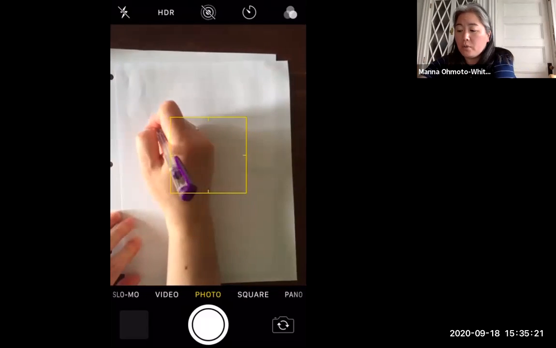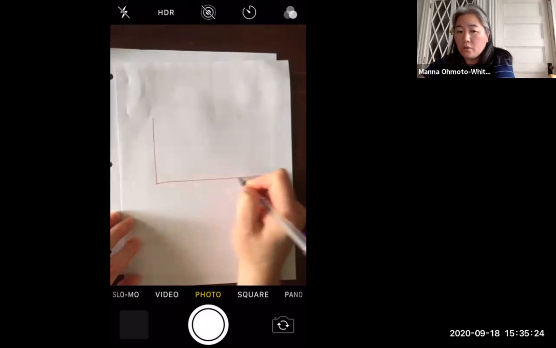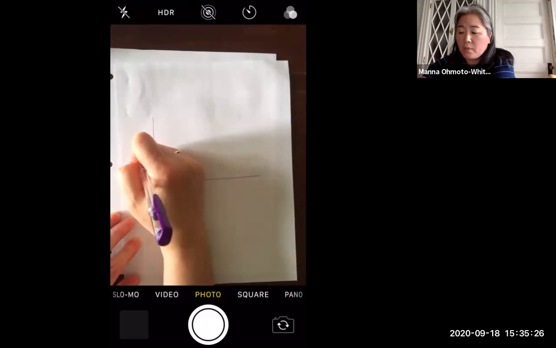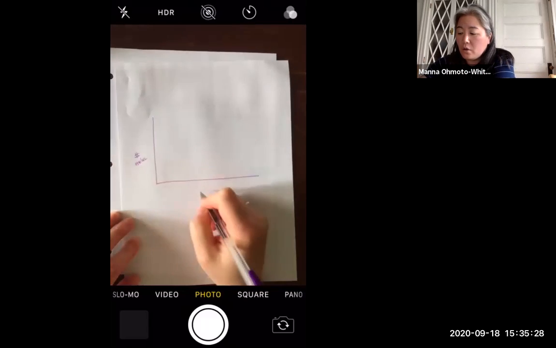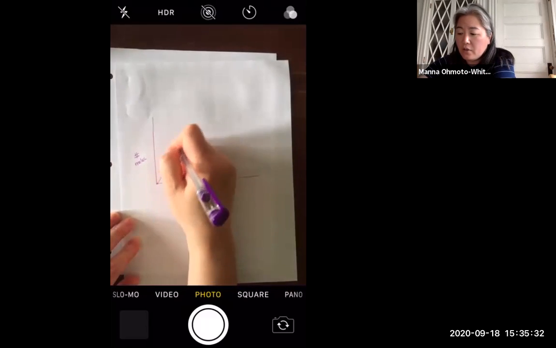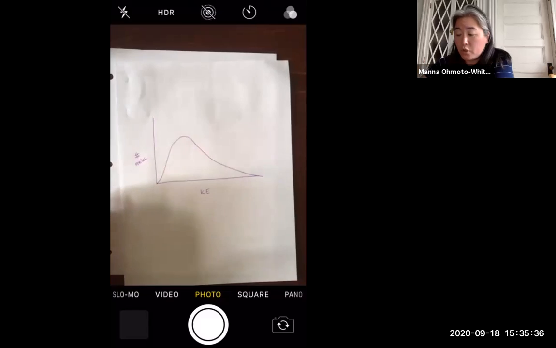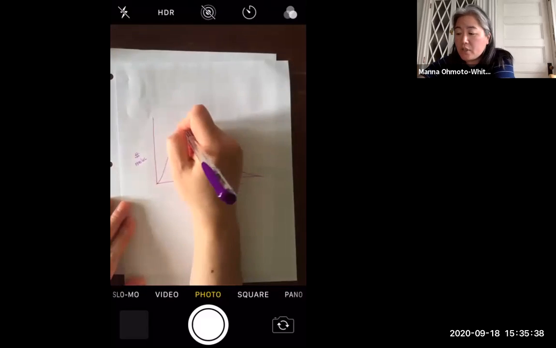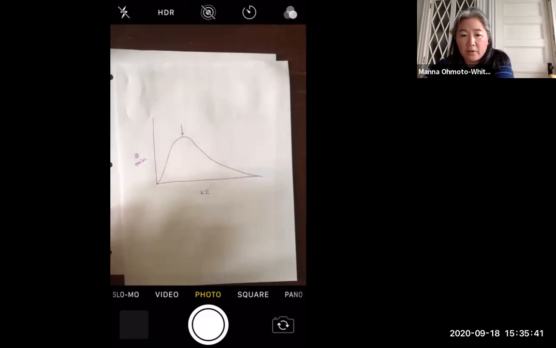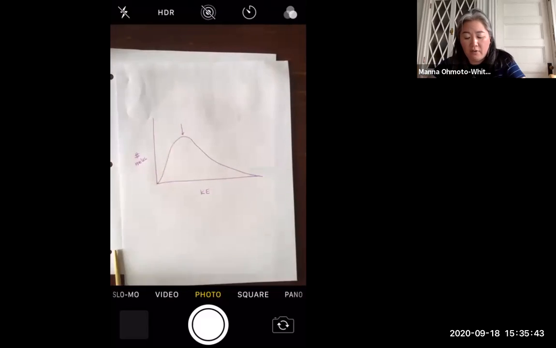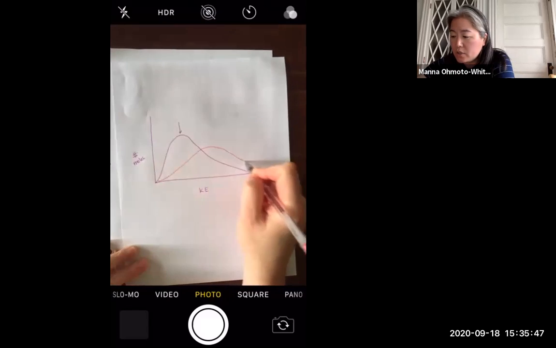So remember our Boltzmann distribution curve, which is basically a measure of the number of molecules over the kinetic energy. For a given temperature of my gases, the average kinetic energy will be right there. If I increase the temperature, then the average will increase as well.